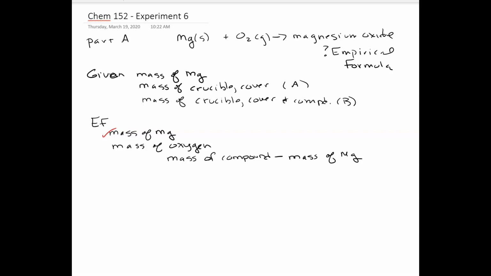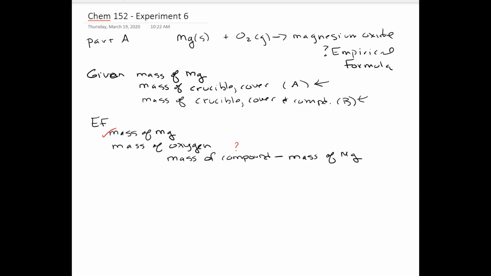So then the question becomes, how do we get the mass of the compound? The mass of the compound we can get from A and from B. I think you probably could figure that out.